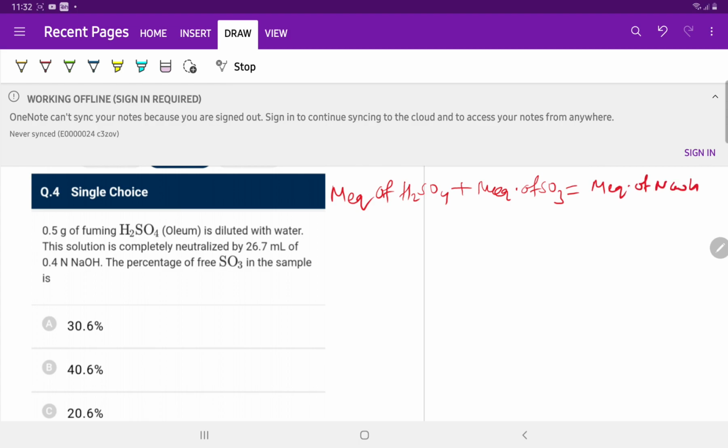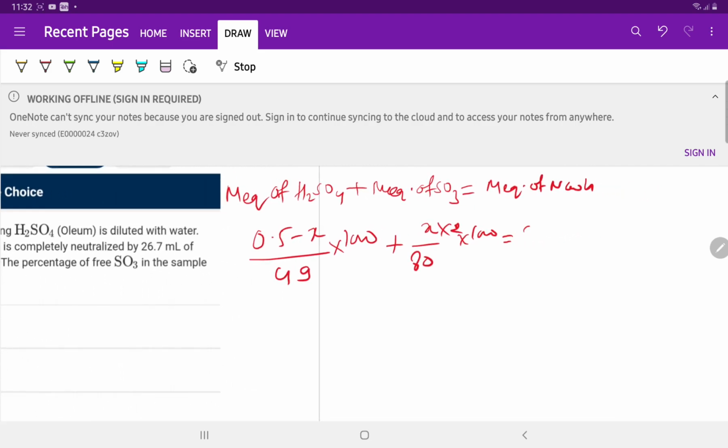0.5 gram is the mixture of H2SO4 and SO3. So (0.5 minus x) divided by the equivalent weight of H2SO4, which is 49, into 1000, plus x upon 80 by 2 (16 times 3 is 48, plus 32, is 80), into 1000, is equal to 26.7 into 0.4.